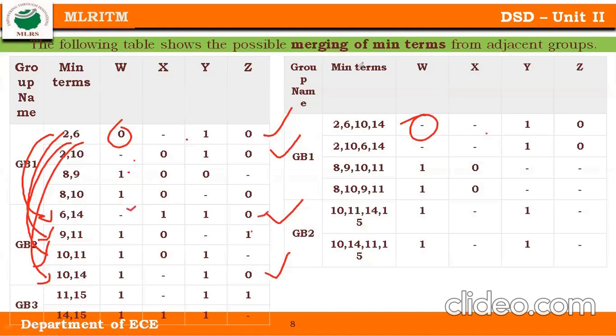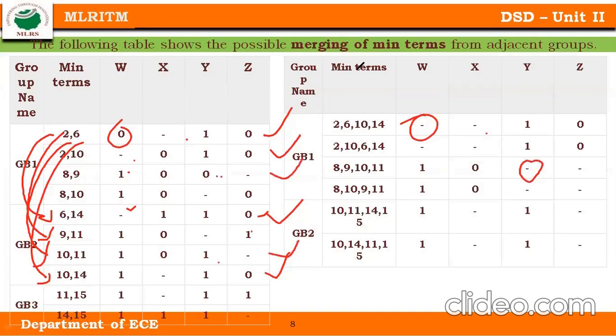So that is over. Now 8 9 with 6 14, there are two changes in the W position and this position, leave it. Then 8 9 with 10 11, again there are two changes, 0 0 0 1, leave it. 8 9 with 10 14, okay. 8 9 with 10 11, 1 0 1 change, dash mark, so this particular bit is changed, so I wrote this one, so this one is paired with this one.